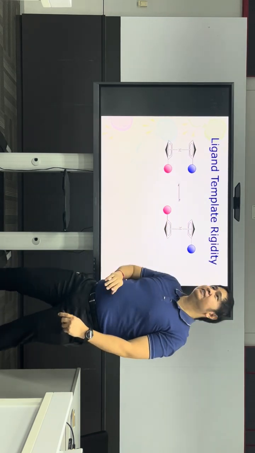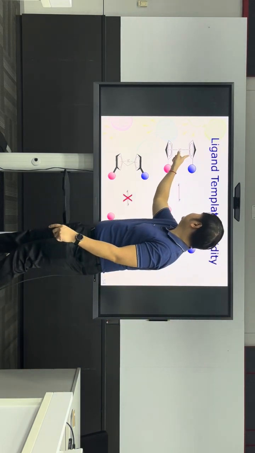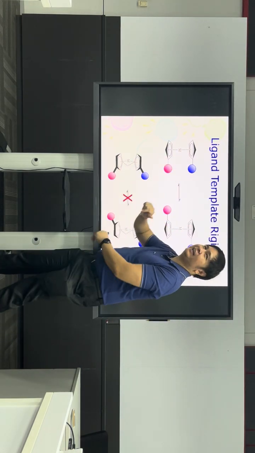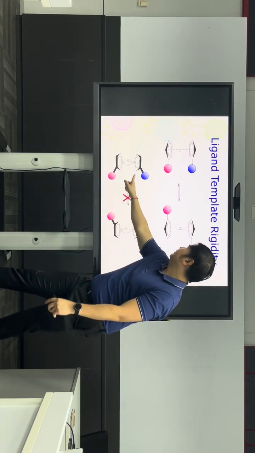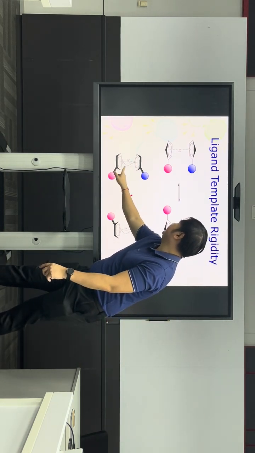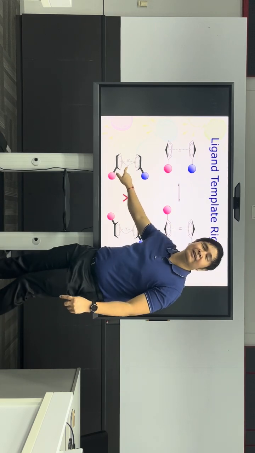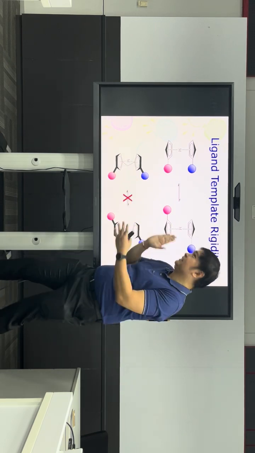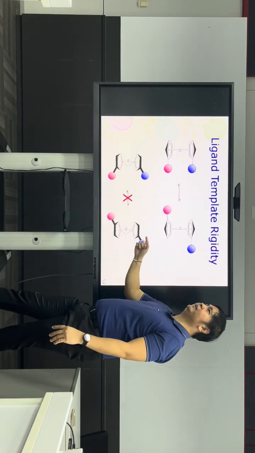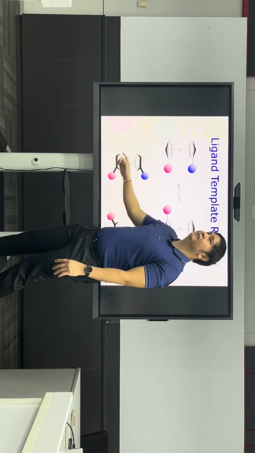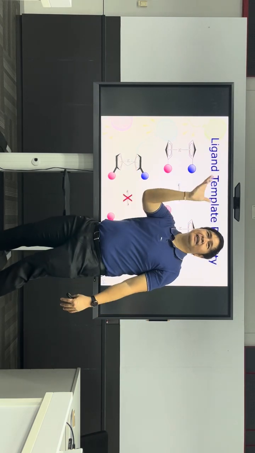The way to solve this is, why don't we lock them up, tie everything up so that there is no rotation. See, if we tie the two rings together with some group, like a CH2 group, or maybe silicon, it's locked, so no movement anymore. If there is no movement, then we can control selectivity, so that the ring will not fly around.